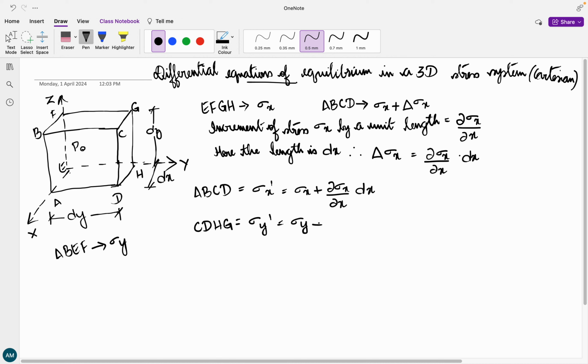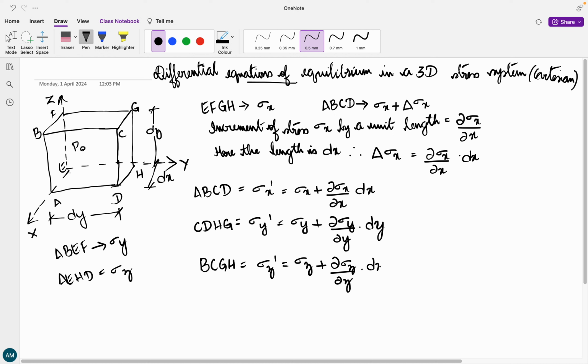That is nothing but sigma Y plus dou sigma Y by dou Y into dy. Alright. Similarly, for face BCGH, that is the top face, we are going to have sigma Z dash. The bottom face AEHD is sigma Z. So BCGH is sigma Z dash, that is sigma Z plus dou sigma Z by dou Z into dz.